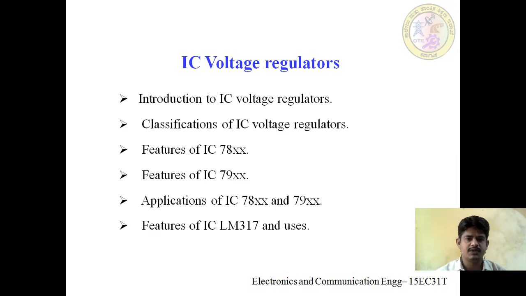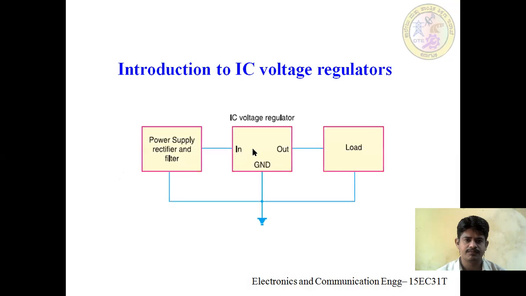Let's begin with the introduction of IC voltage regulator. So this is the IC voltage regulator diagram. Before going to this diagram, we should remember the regulator concept. We know the complete power supply sections where the regulator fits, so we will revise the complete DC regulator power supply system.